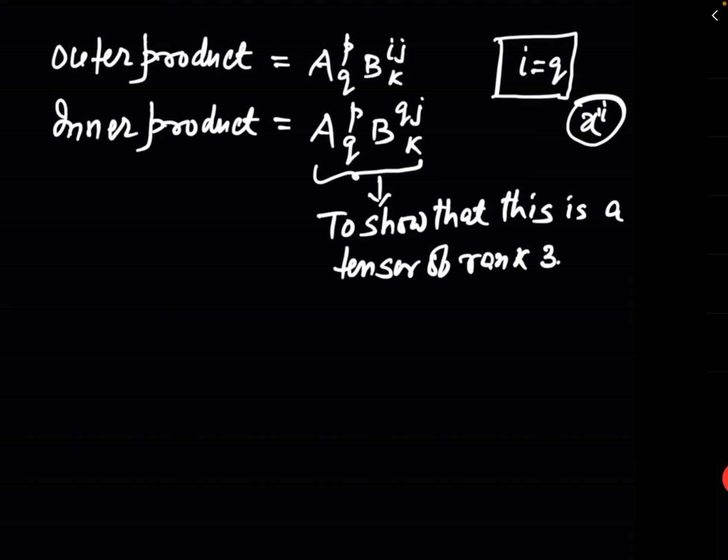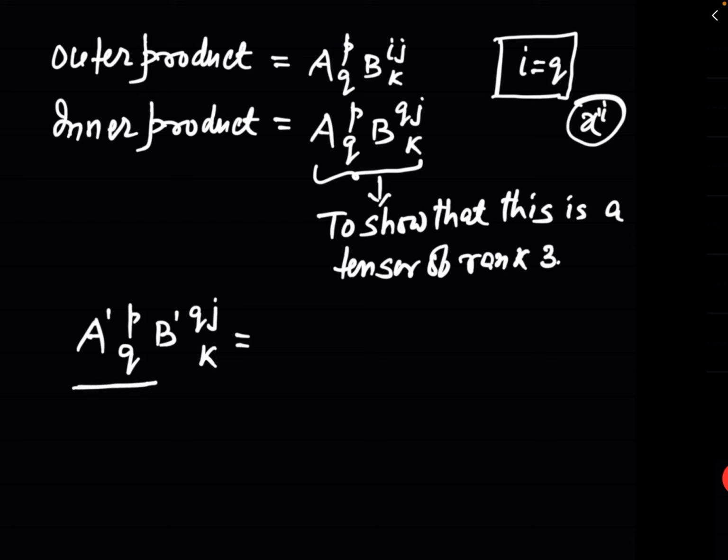So let these components be A prime PQ, B prime QJK. Now, if you want to write the transformation law, let us see.